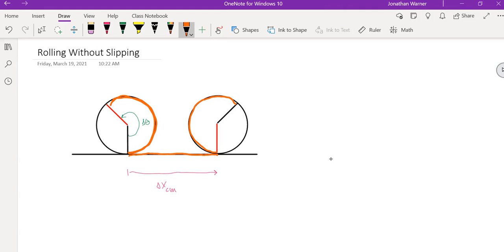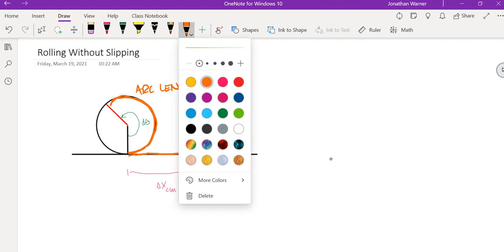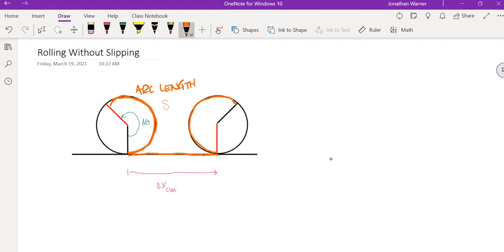So that delta x of the center of mass is actually equal to this arc length that we can call S. Let's say this ball has a spatial radius capital R. That arc length is R times delta theta.